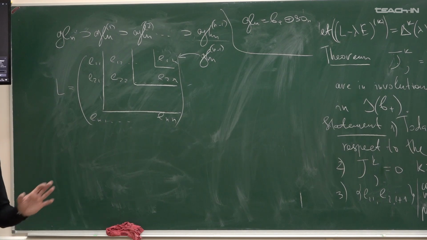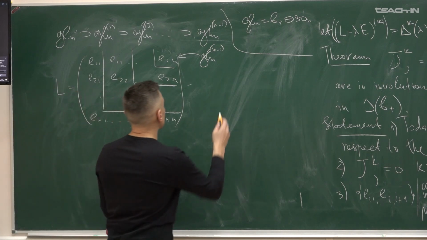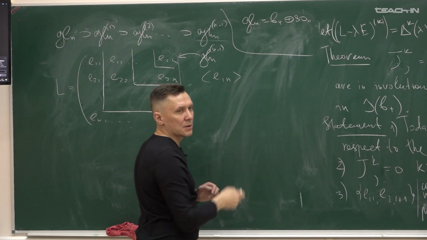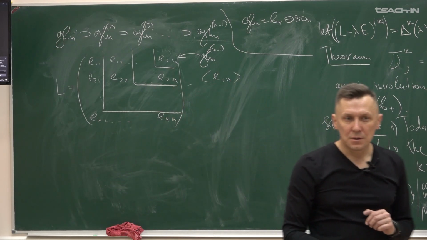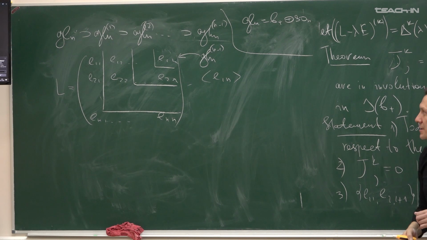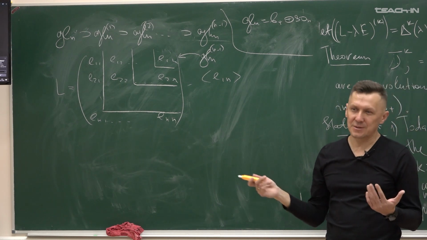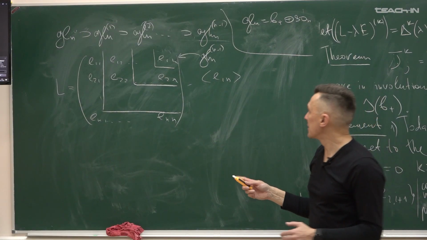So when we have chopped n minus 1 rows and columns, you understand that the element E_1n generates the Lie algebra. Is it clear that it's a one-dimensional trivial Lie algebra? All commutators are zeros.